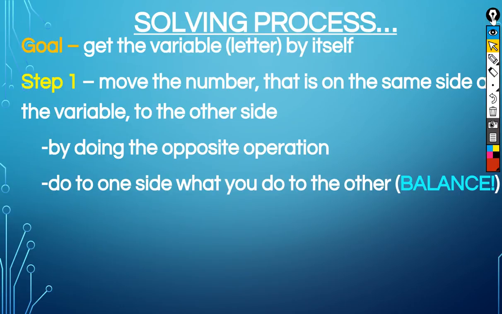One side's going to be higher or lower than the other. But if you take away from one side and add it to the other, and you replace the side that you took away from, those balances are going to stay even. They're going to stay in balance. So always do your operation on both sides, whatever that opposite operation is.